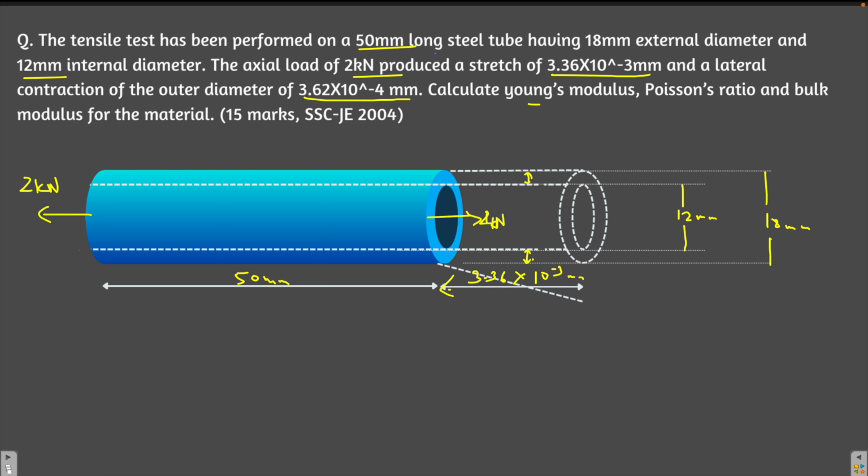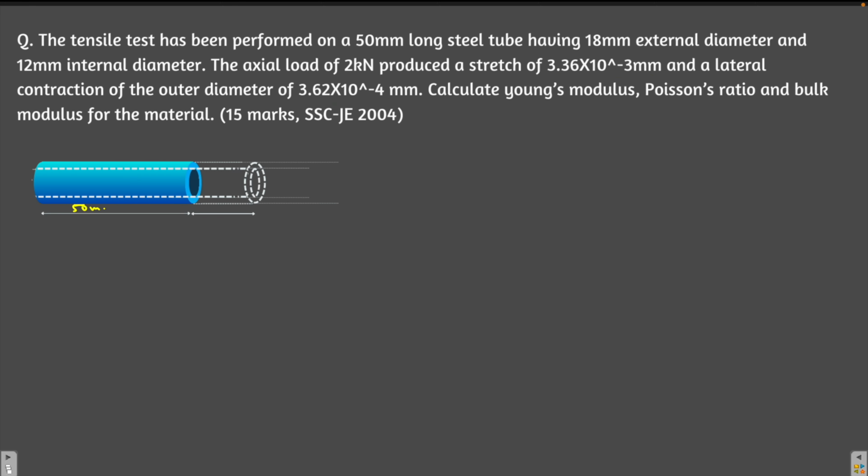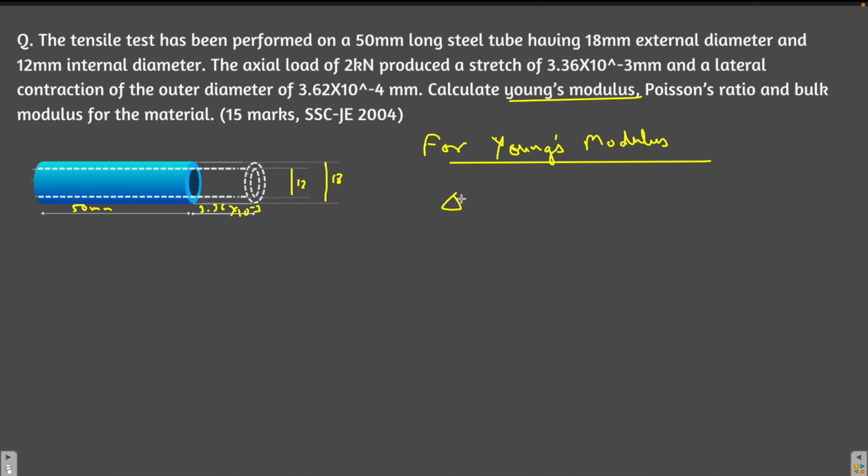Now we have to calculate the Young's modulus. So once we have understood the question, let's try to solve this one. Let me quickly write the dimensions over here. Let's start with the calculation of Young's modulus. We'll be using the formula delta L, that is change in length, is equals to PL by AE.